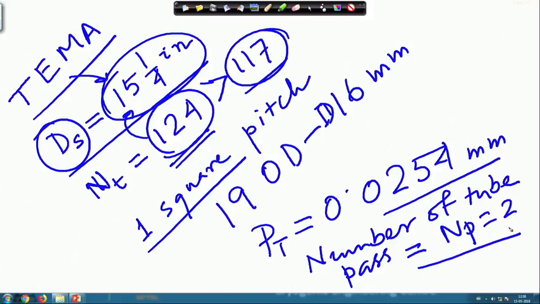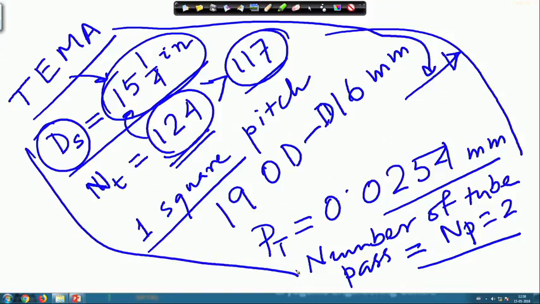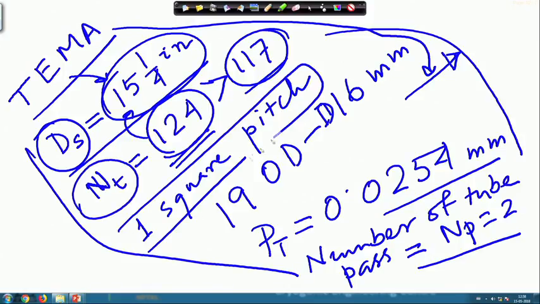So, this is based upon the preliminary design calculation that we have done. Now, we have gone to the TEMA standard to rectify our design, and we have come to this conclusion that we will be using N_t equal to 124 in a 1 inch square pitch, and the number of passes of course is 2.